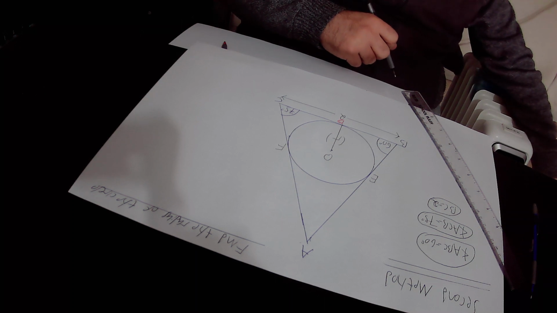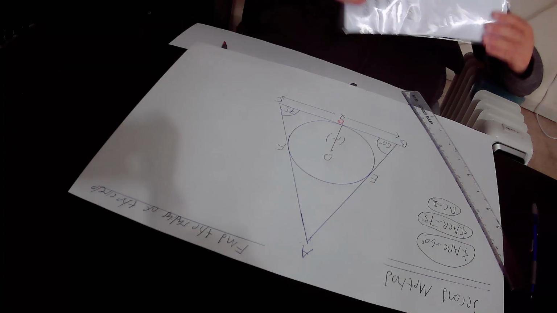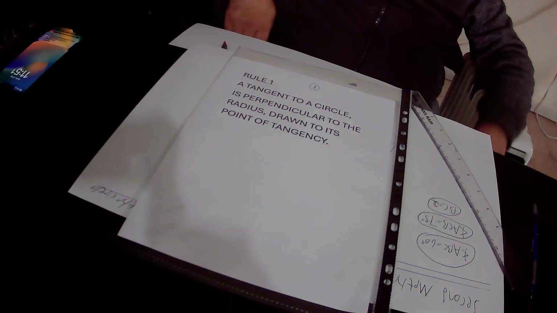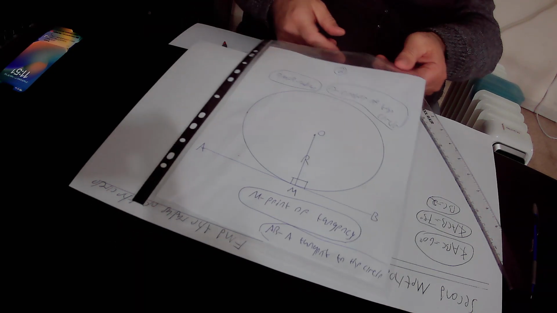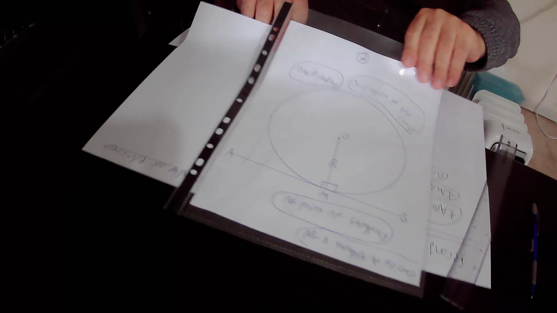And we have here rule number 1. According to rule number 1, a tangent to a circle is perpendicular to the radius drawn to its point of tangency. So here we have the drawing.